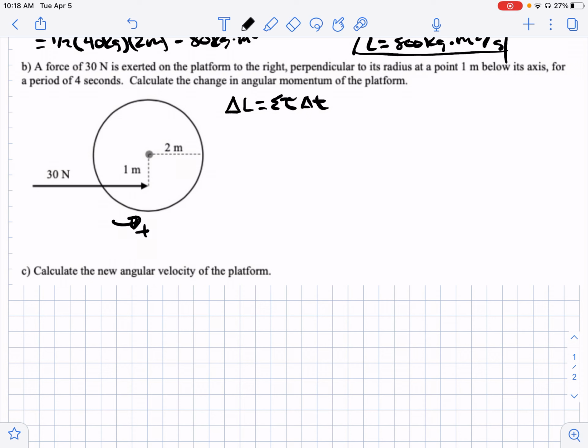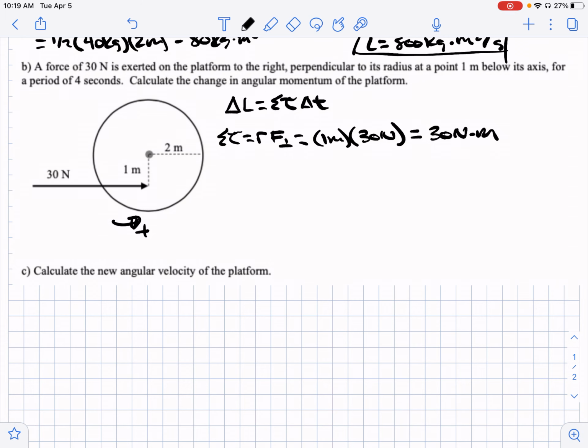So first step, let's solve for that net torque. It's equal to your moment arm times the perpendicular force. Moment arm is 1 meter. And then your force is 30 newtons. So the net torque is just 30 newton times meters.